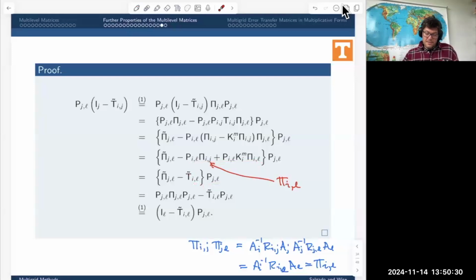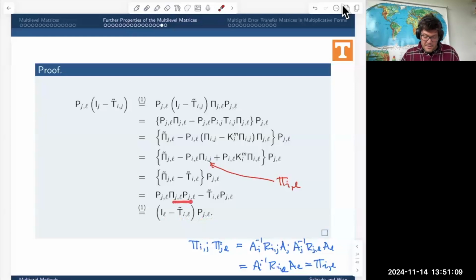And so what I get is pi JL times PJL, and then TIL times PJL. Now I can finish this up because this guy here is the identity, right? So that's the identity. And what about what's left? Well, what's left is just IL TIL tilde times PJL.